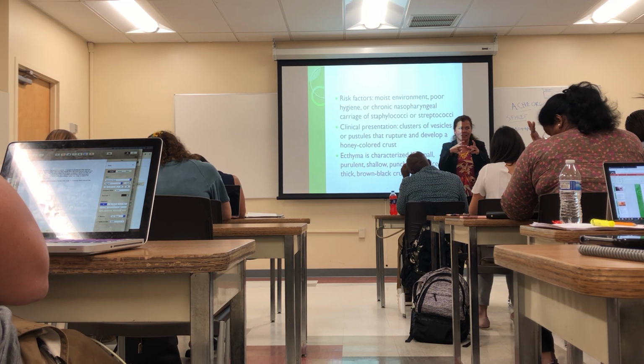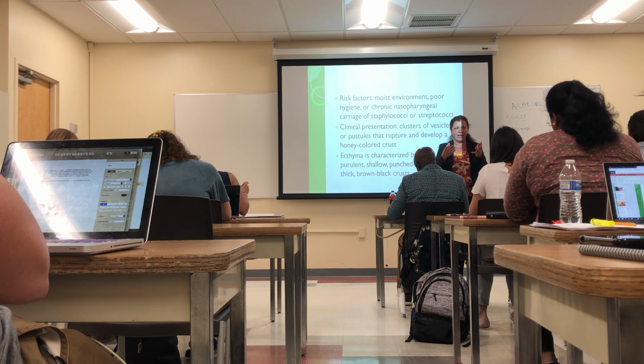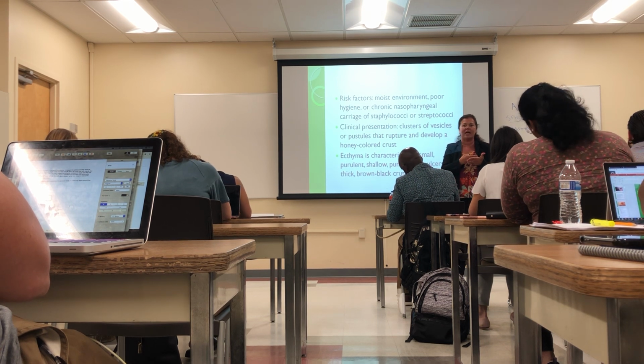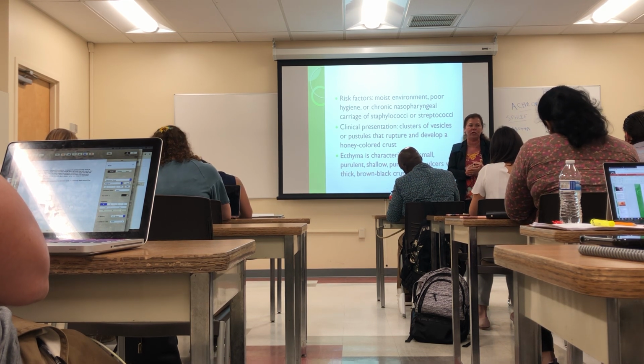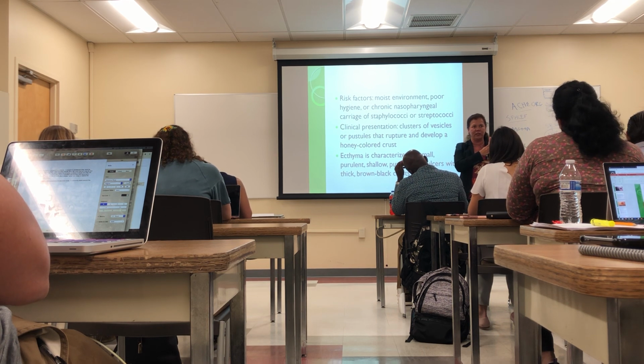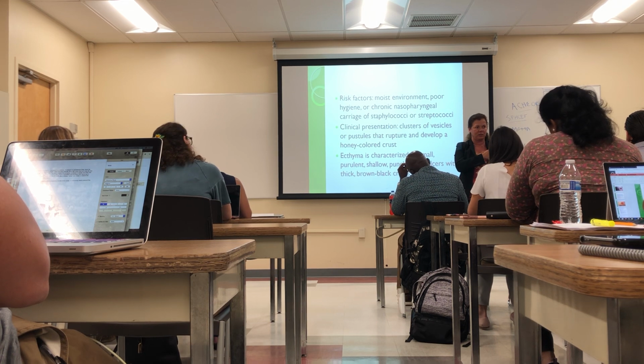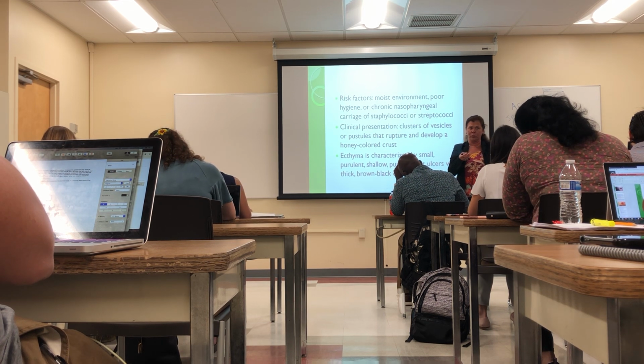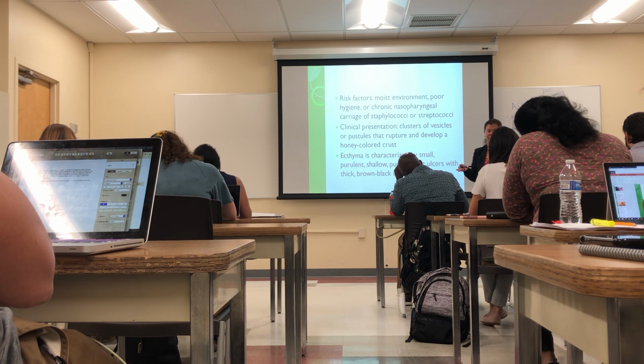They start coalescing, they break, and what you see is the dryness of the secretion, of the pus getting stuck onto the lesion, like a scab, right? And that's called crust. And that crust, because it's purulent, is honey colored.